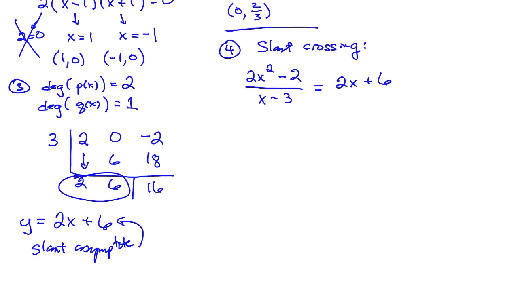So we get (2x squared minus 2) divided by (x minus 3) equals 2x plus 6. To solve this equation, cross multiply, and you get 2x squared minus 2 equals (2x plus 6) times (x minus 3).